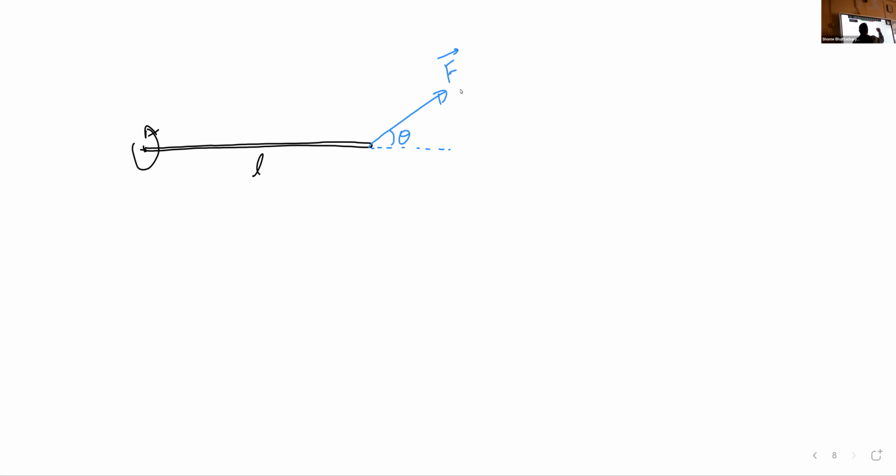The other option is the one I'm telling you, that we divide the force into two components. This component of force is the perpendicular component, which is F sine theta in this case. And this is the parallel component, which is F cos theta. Now, as far as torque is concerned, you can see this one plays a role, this one doesn't play a role.